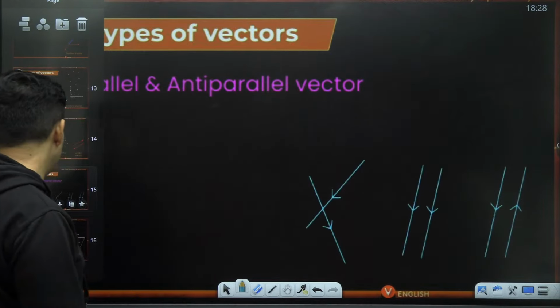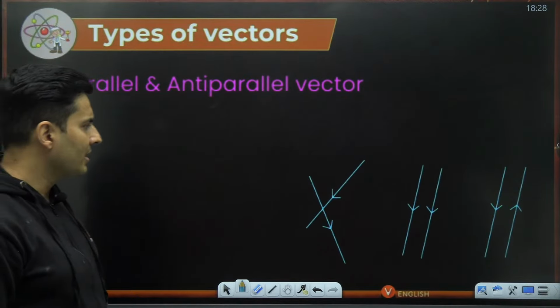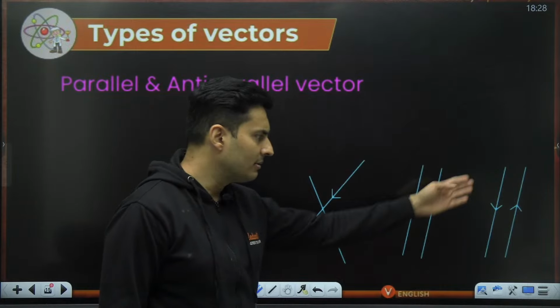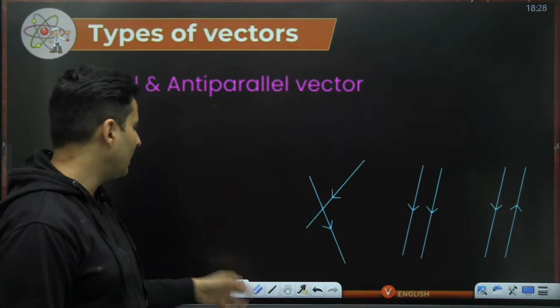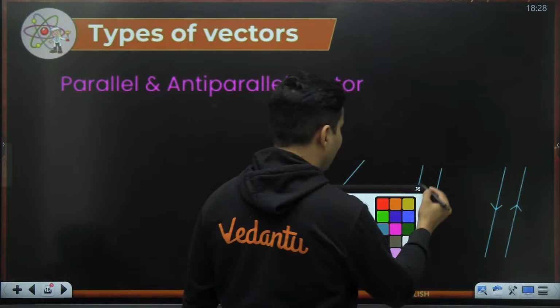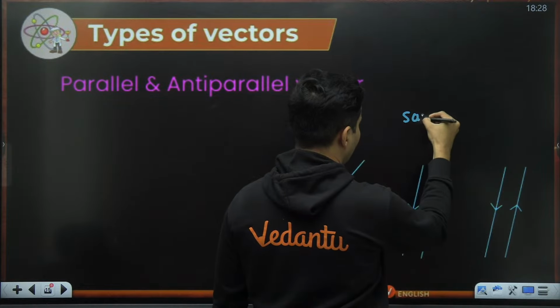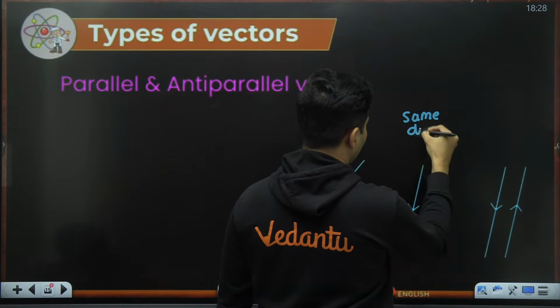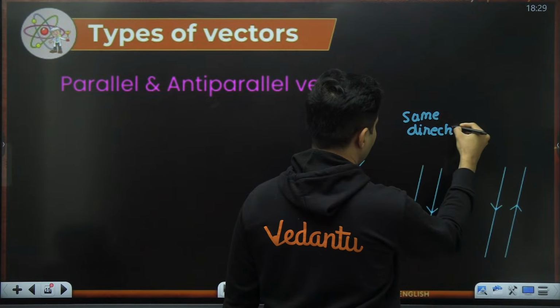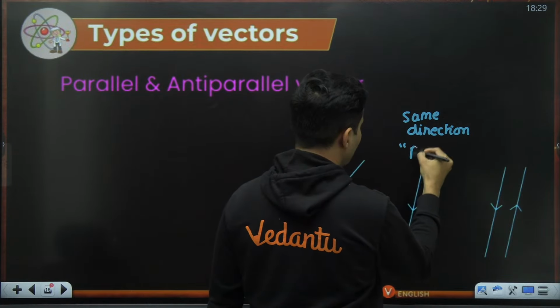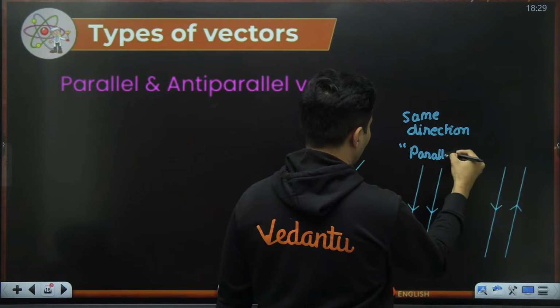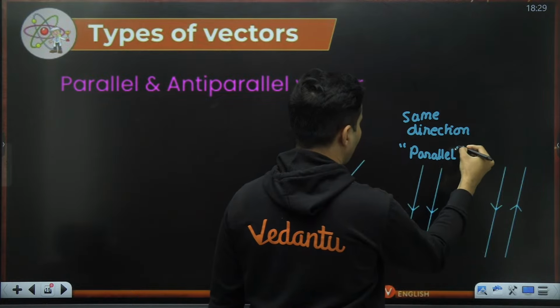Moving on to parallel, anti-parallel. Okay, look at this, guys. These are parallel lines. These are anti-parallel lines. These are not parallel. Very simple. So when they have the same direction, they are said to be parallel. Okay, parallel.